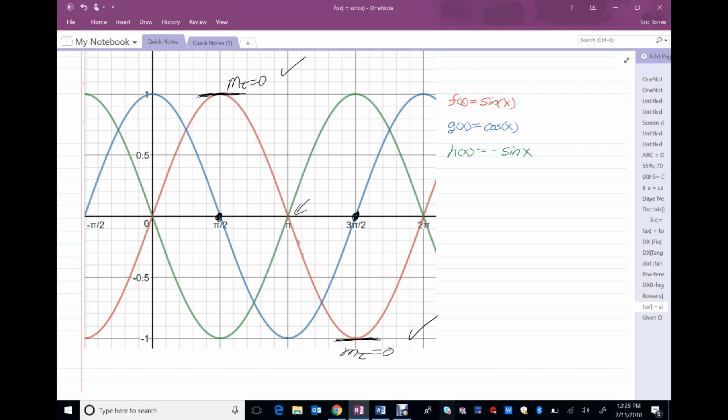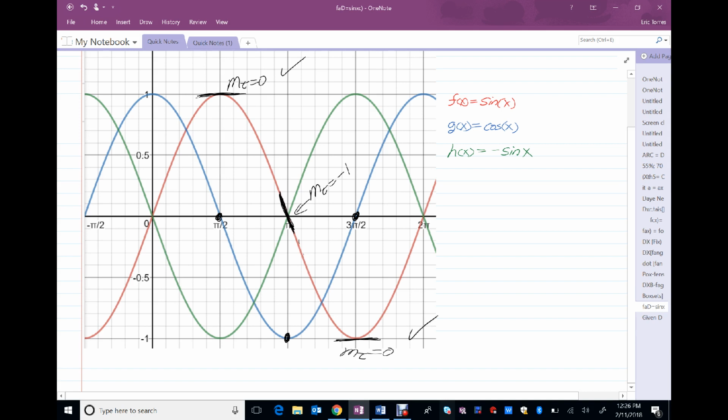Now, I could fairly easily estimate this value using a limit at the one point, using my average rate of change, and if I did, I would find that the slope of the tangent line drawn here would be negative 1. And again, I would have to make a little table, limit theory, average rate of change. So if I was to plot this point, pi, comma, negative 1, I would plot it right there.